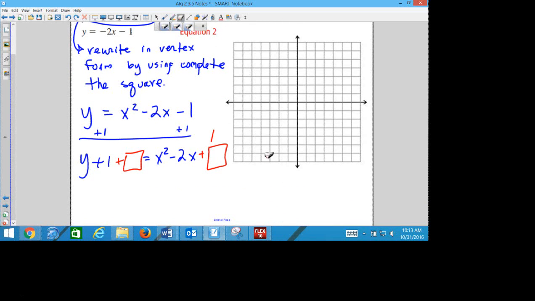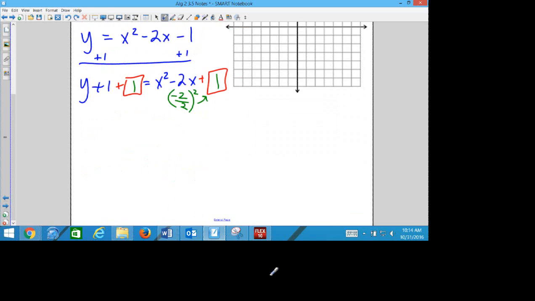How are you getting that number? Divide by 2 squared. We take the middle term, which is -2, divide that by 2, and square it. B divided by 2 squared gives us 1. So we have to add it to both sides.